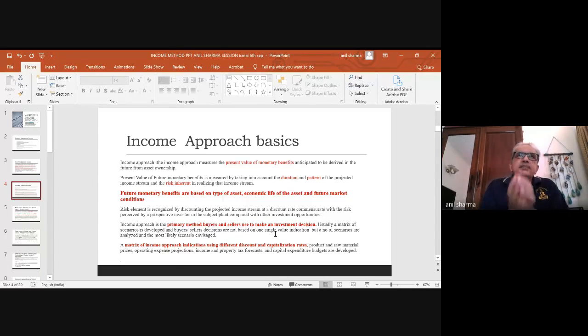The investment you make today of 100 rupees has to be paid back at some point of time, along with a certain reward. So that return should be a composite of the return that takes care of all the risks that you are taking at that point of time to invest that 100 rupees, right?